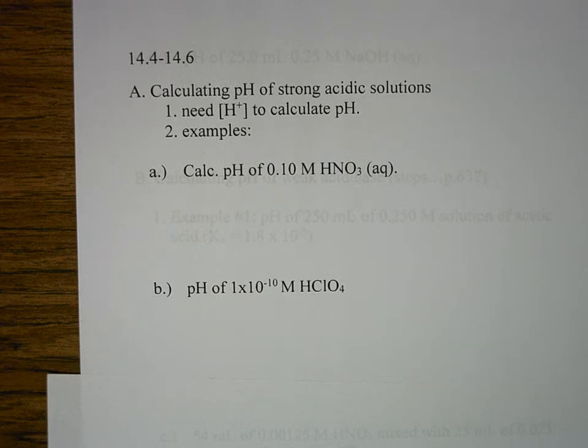Okay, so in chapter 14, every question in this entire section, the questions are all the same. And the question is, calculate the pH of this solution. The difference is what's in the solution and the process that you go through for calculating the pH value, whether it's strong acids or bases, or weak acids or bases, or if it's combinations of the two to calculate that final pH.